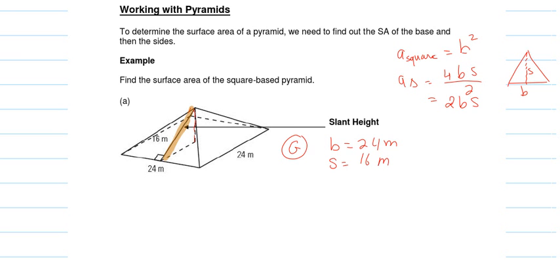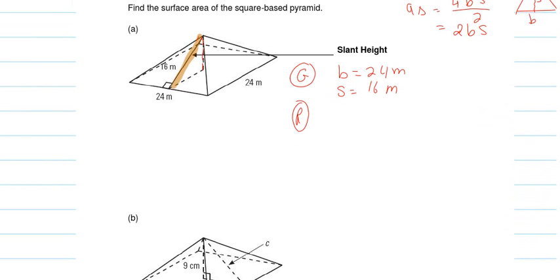What am I looking for? You're looking for the surface area. What's the formula for the surface area? 2 base times the slant plus b squared. Okay? So now in my solution, I just plug in the given information.